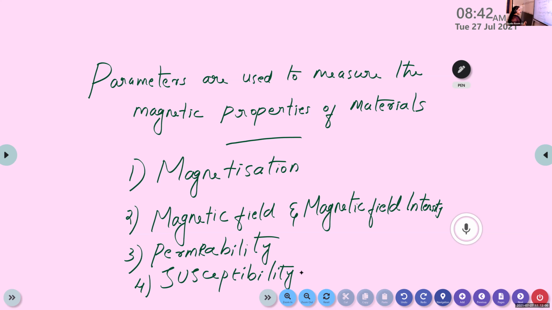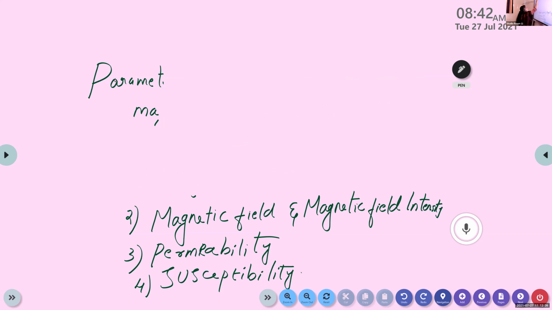So let us see one by one. What do you mean by magnetization, magnetic field and magnetic field intensity, permeability and susceptibility? The first one is magnetization.